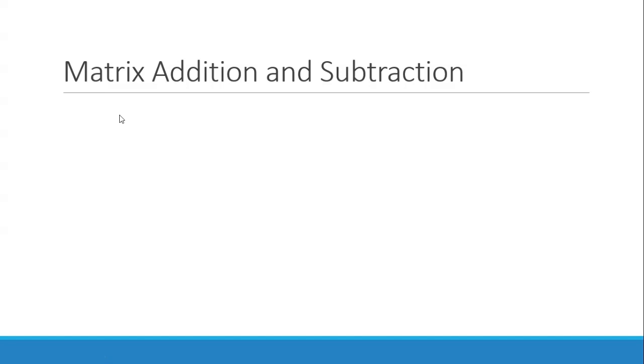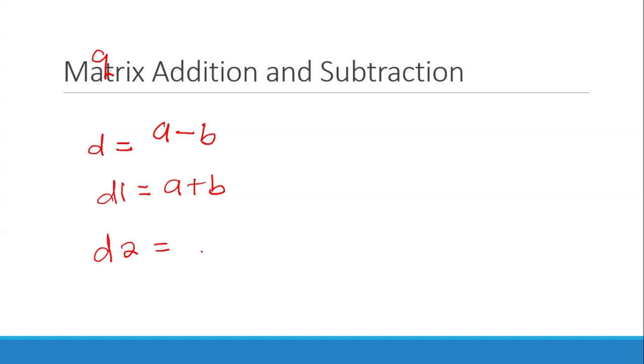With the same matrices that we have, let's try and perform D is equal to A minus B. D1 is equal to A plus B. Then D2 is equal to B plus A. And we can also add a scalar.